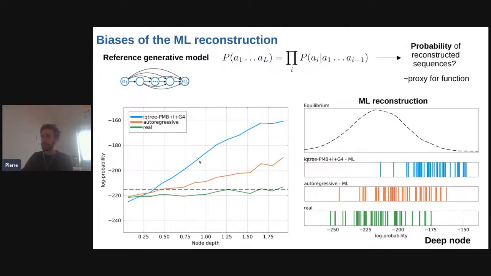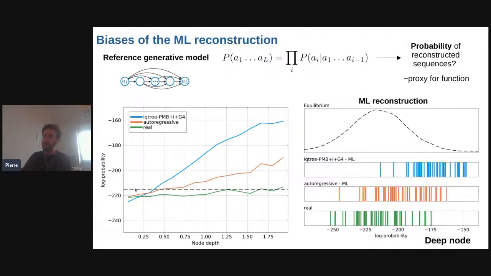And I can, again, compute the log probability of all of these reconstructed sequences, depending on how deep they are in the tree. And the dashed line here is the average log probability that you get if you sample a large amount of sequences from the model, or equivalently, if you take the alignment at the leaves of the natural sequences of this family.